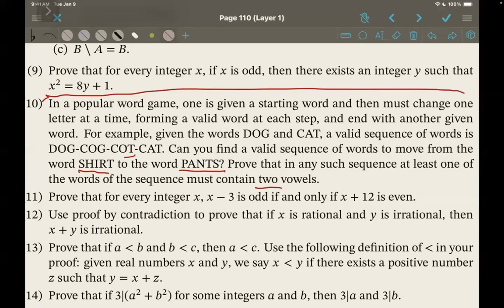Is it asked for any sequence from shirt to pants, or any sequence between 2 words? From shirt to pants. Shoot, that's two vowels.